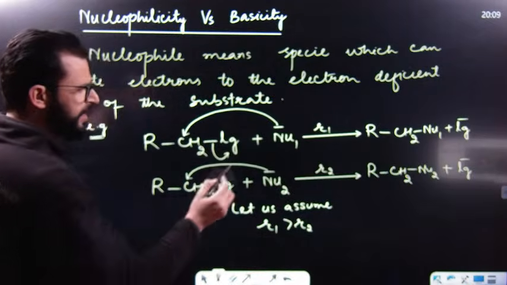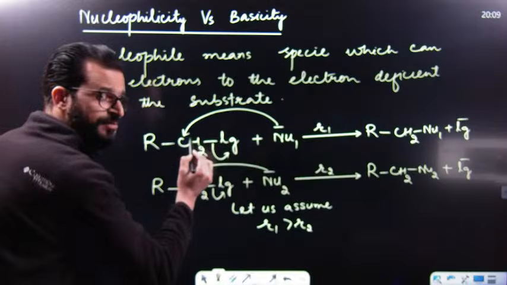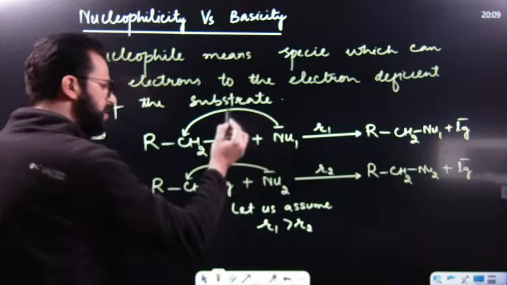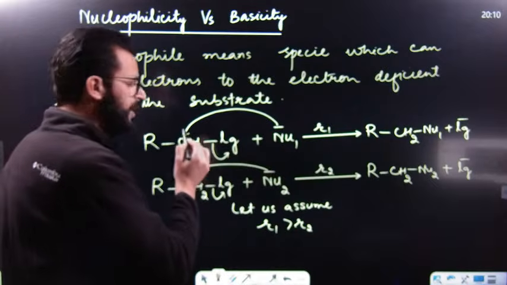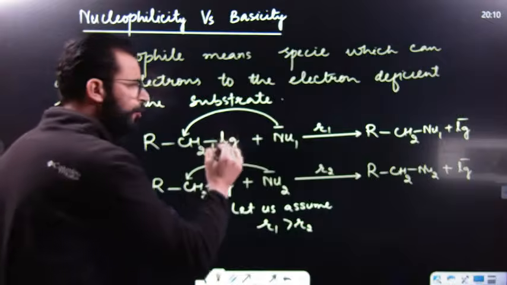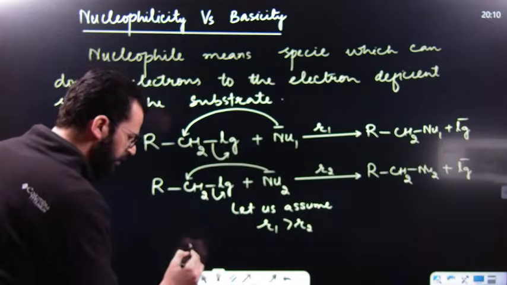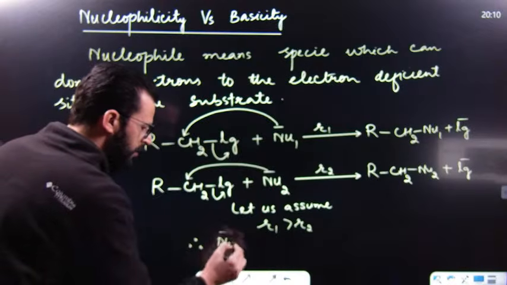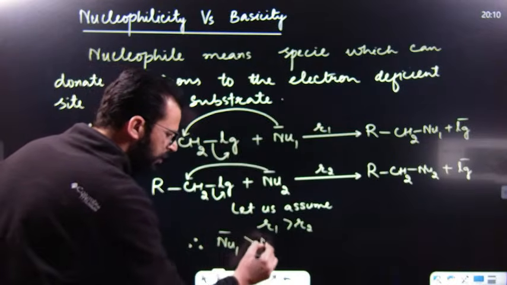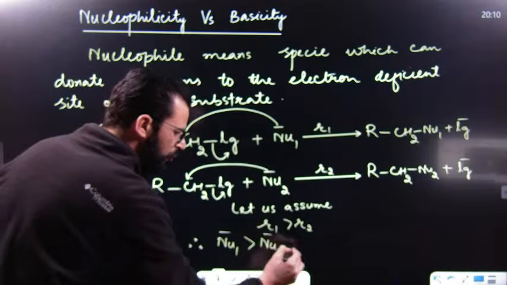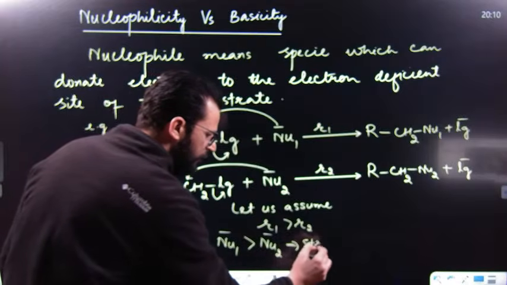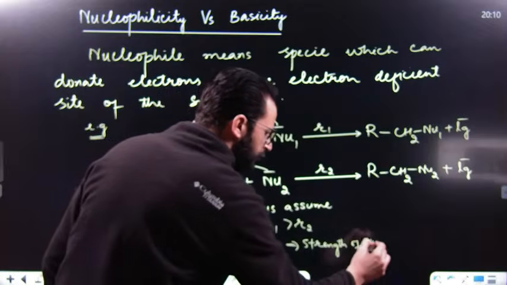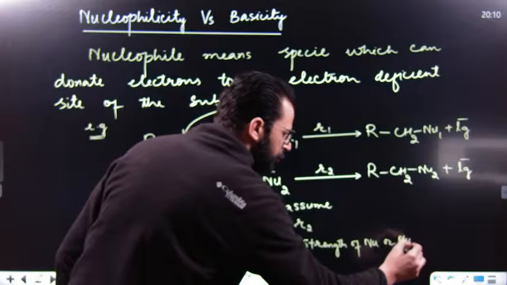That clearly indicates that this nucleophile attacks this substrate easily, or we can say this nucleophile gives its electron to this electron deficient carbon of the substrate more readily as compared to this. Therefore, we can simply say nucleophile 1 having a negative charge is a stronger nucleophile as compared to 2. So this is the strength of nucleophile, or simply the nucleophilicity order.